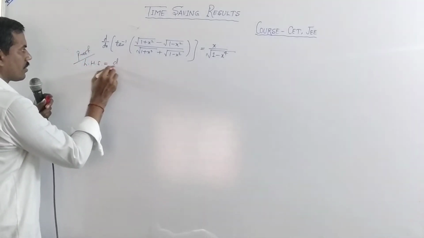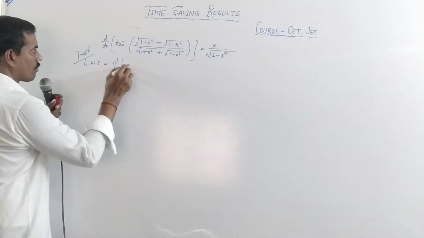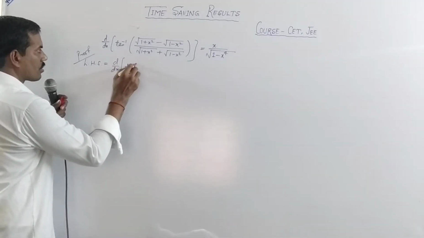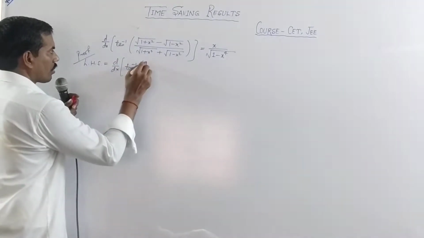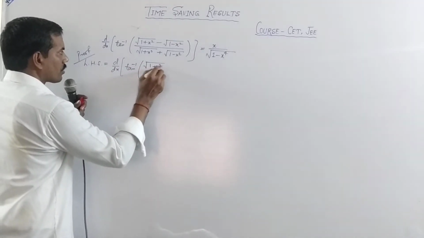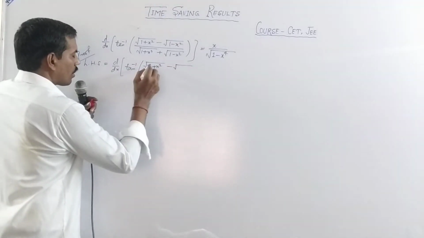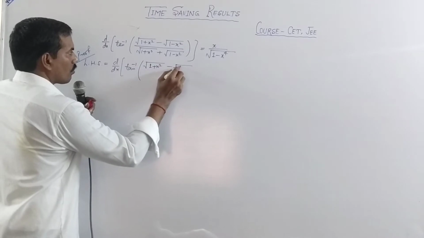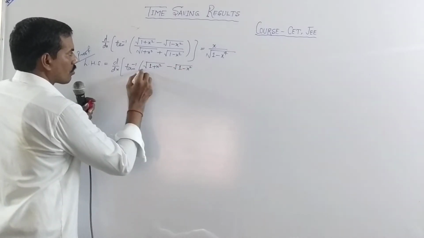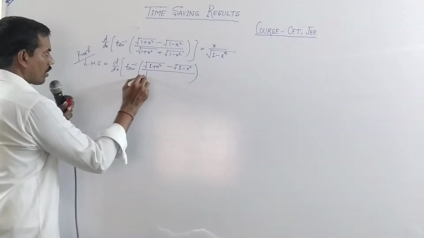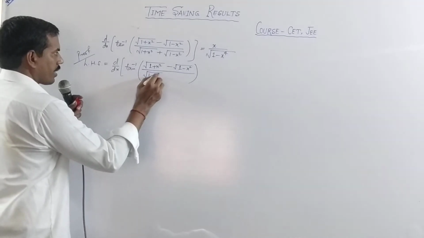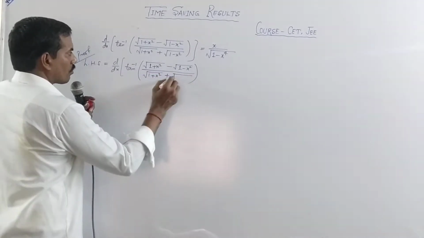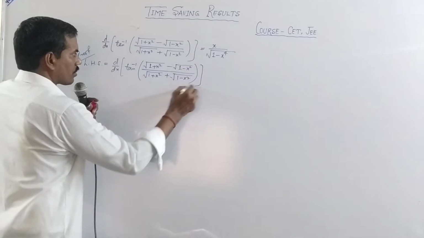this is given as d by dx of tan inverse of (under root of 1 plus x square minus under root of 1 minus x square) whole divided by (under root of 1 plus x square plus under root of 1 minus x square).